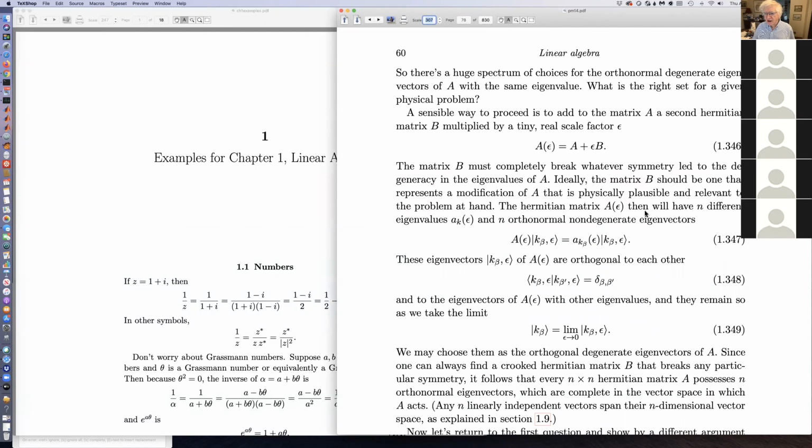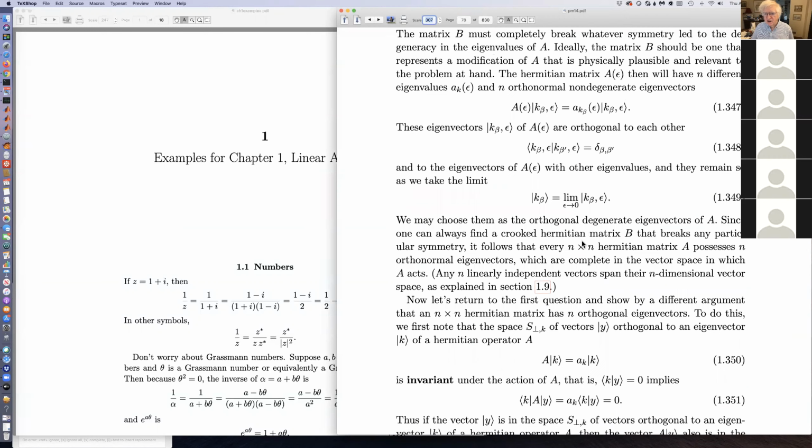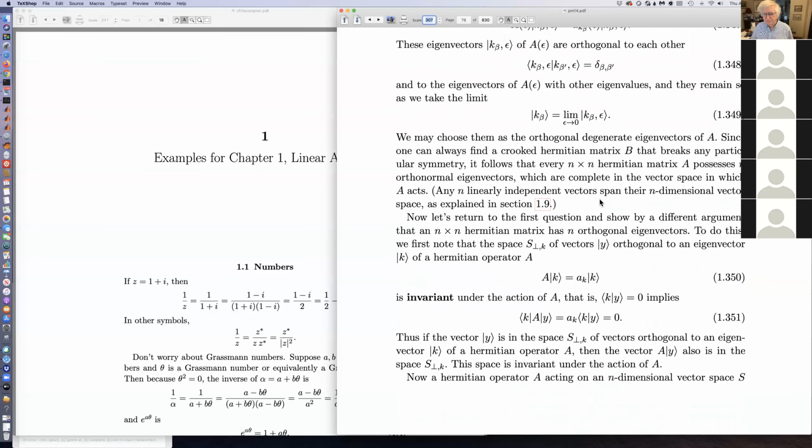So the matrix A of epsilon will have n different eigenvalues and n orthonormal non-degenerate eigenvectors, because you will have broken the symmetry. Then you choose the eigenvectors to be the ones that remain when you take the limit epsilon going to 0.